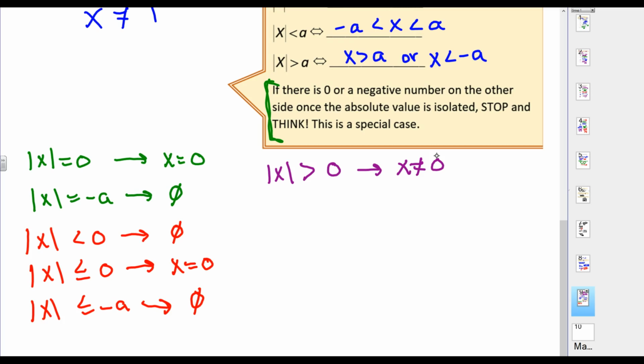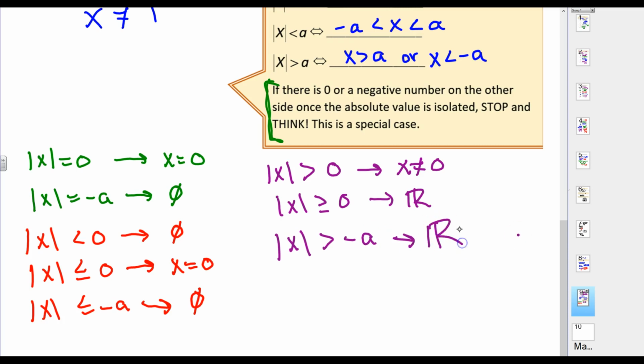So we have one exception. Whereas if I have the absolute value of x is greater than or equal to 0, this ends up being all real numbers because all absolute values are either 0 or greater. Then if I have the absolute value of x is greater than a negative number, well, as all absolute values are positive, this produces all real numbers as a result.